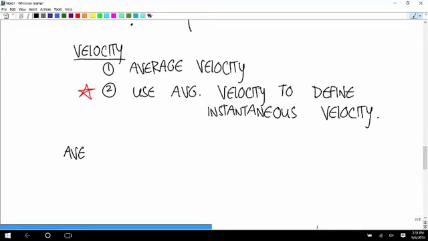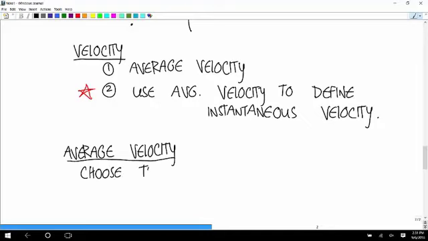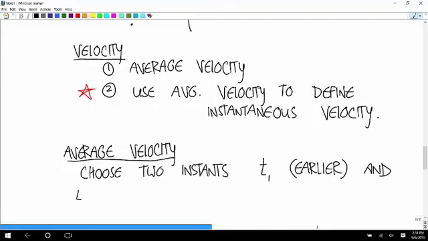So average velocity. So let's say we choose two instants. T1 is the earlier one. And T2 is the later one.